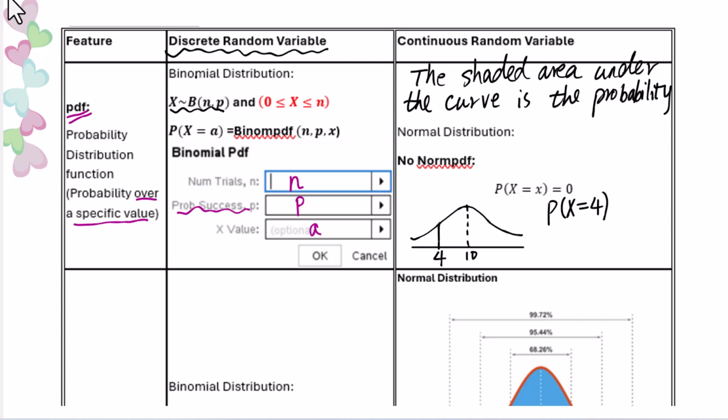The area at x equals 4 is 0. So the probability of x equals 4 equals 0. In other words, there is no norm PDF for normal distribution, or for any continuous random variables.